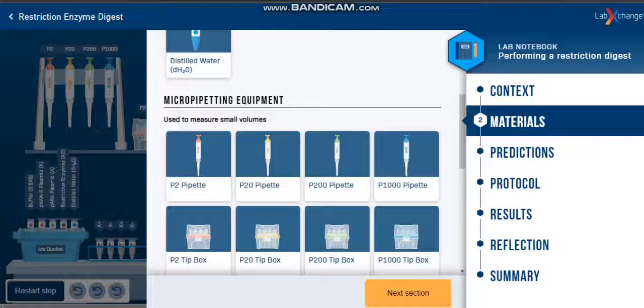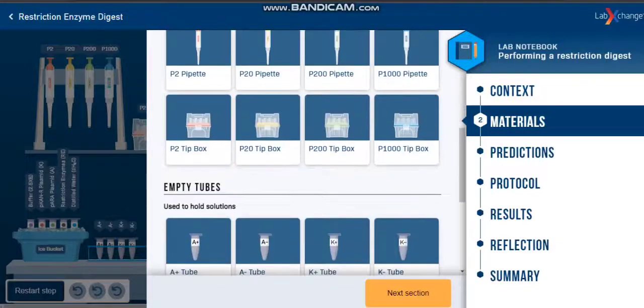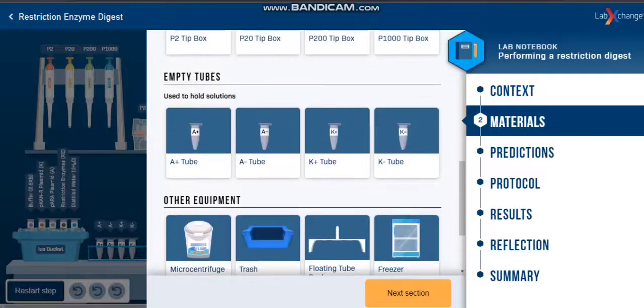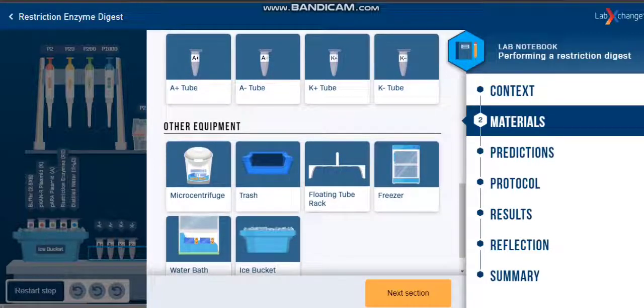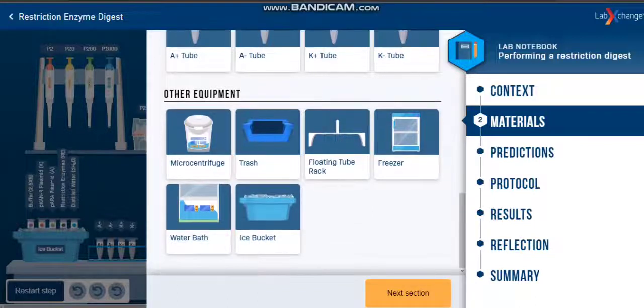We have P2 pipette, P20 pipette, P200 pipette, P1000 pipette, and we have P2 tip box, P20 tip box, P200 tip box, and P1000 tip box. For empty tubes used to hold solution, we have A plus tube, A minus tube, K plus tube, and K minus tube. For other equipment, we have microcentrifuge, floating tube rack, freezer, water bath, and ice bucket.